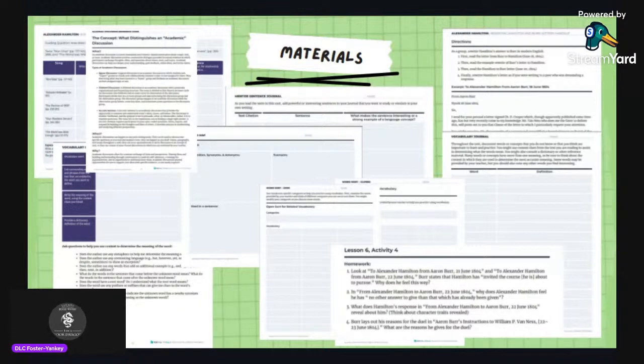Also, the academic discussion reference guide and the Alexander Hamilton Section 3 question set. So, we should see a lot of tools from the literacy toolbox being utilized in this lesson.